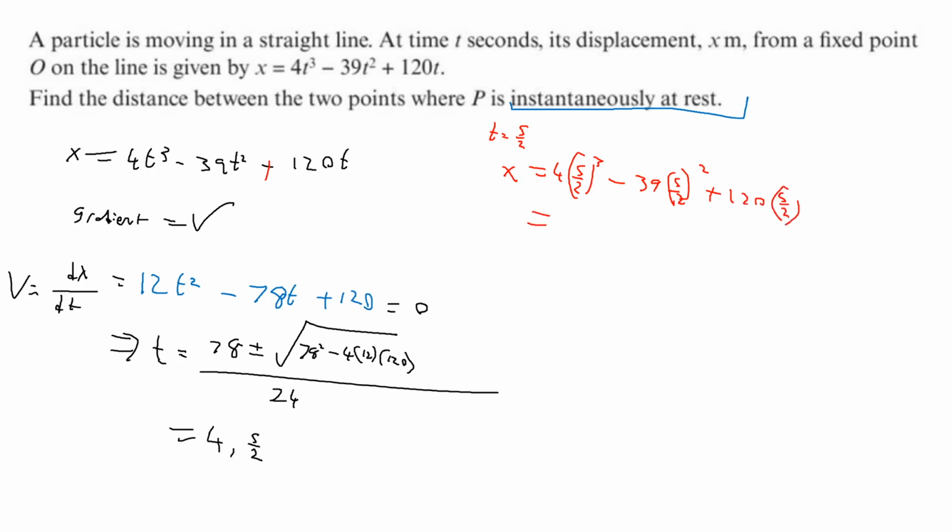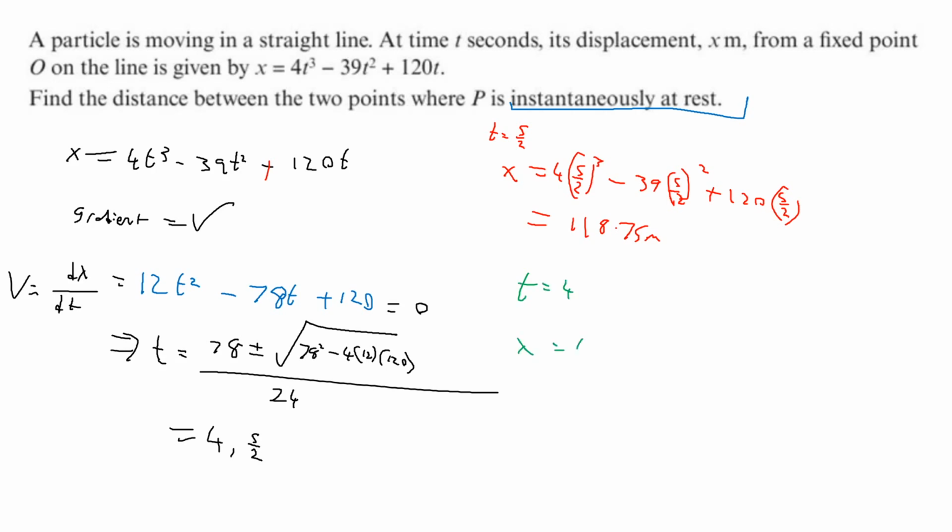And if we plug all of that into our calculators, or if you want to do it in your head, you also can, you will get an answer of 118.75 meters.